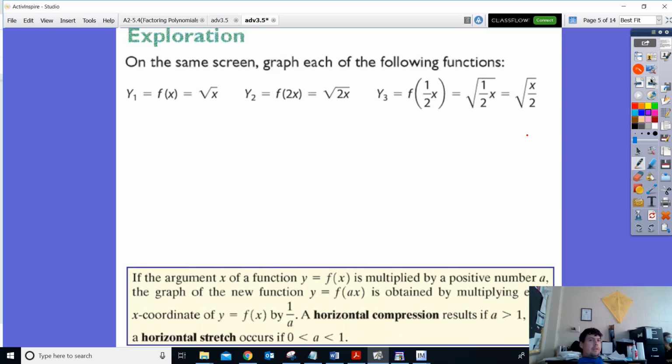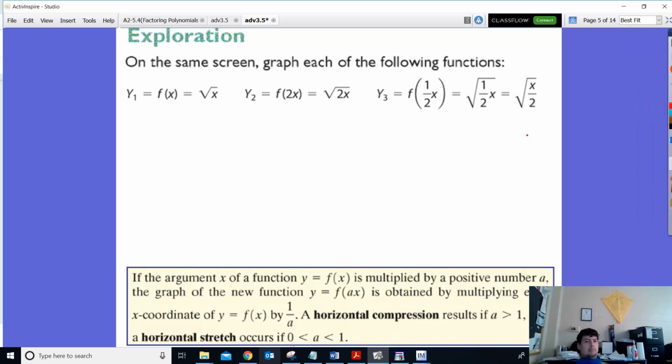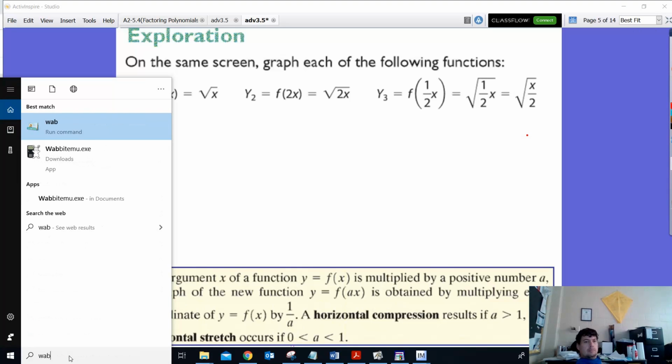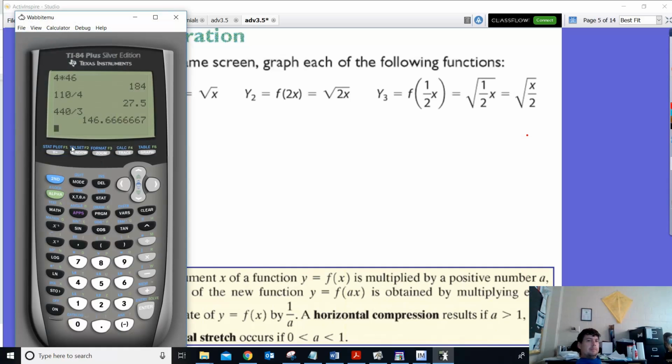We were supposed to do this on the same screen, or just graph each of the following functions, so that's probably a calculator problem. So we'll do it. I'm going to do it piece by piece. I'll add to it.